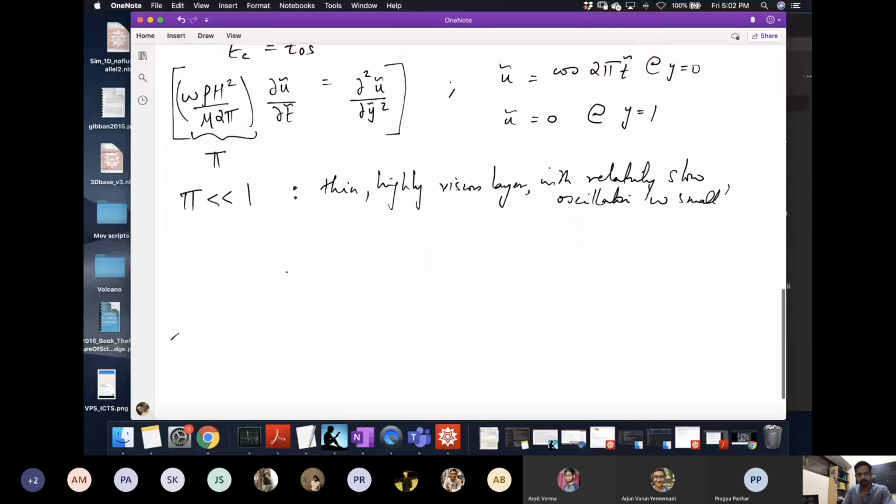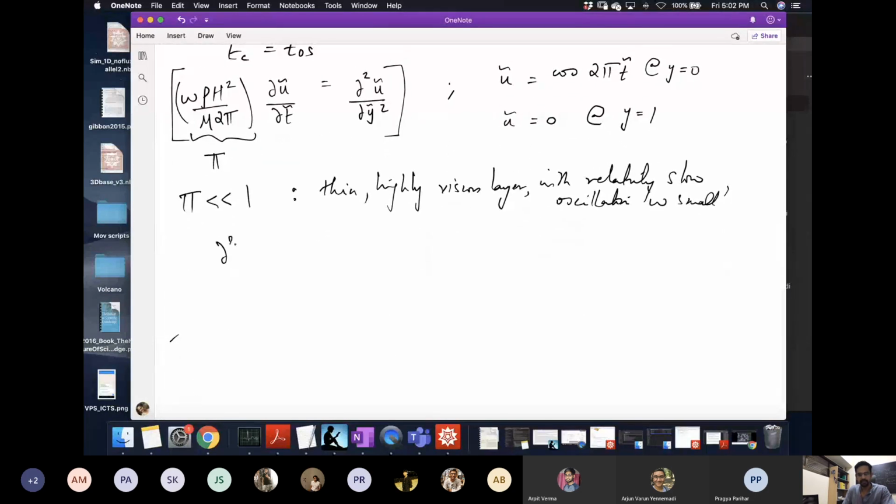Right, so if we do that, what will we get? We'll get the simplified situation where the left side is equal to 0 now, because if pi is much less than 1, we can replace it by 0 under this condition. So what can we control here? Of course, the easiest thing to control is the oscillation frequency of the plate.